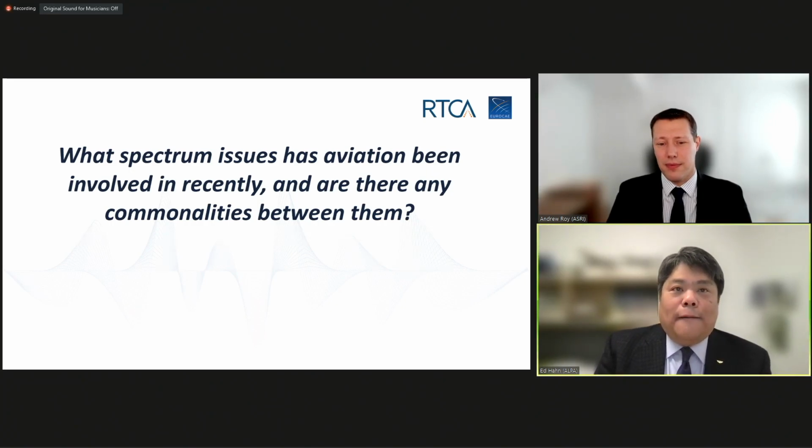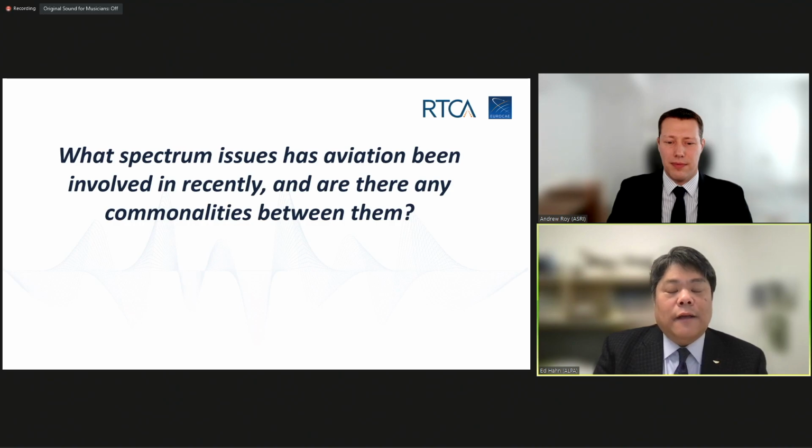Yeah, so I think it's pretty clear that other industries really don't understand aviation's requirements for safety and what that means from a spectrum compatibility standpoint. And this is pretty clear in what they say, publicly even.